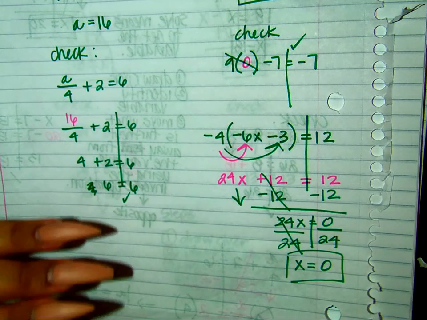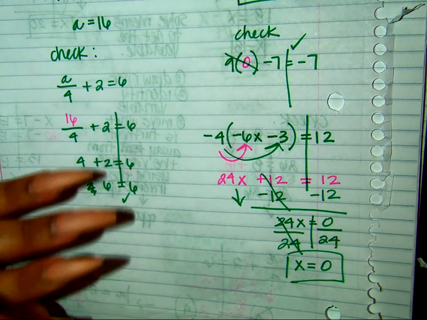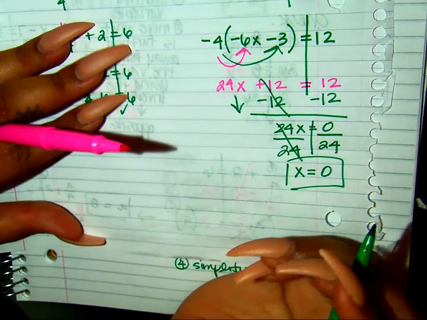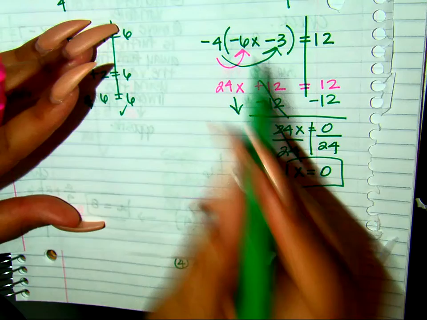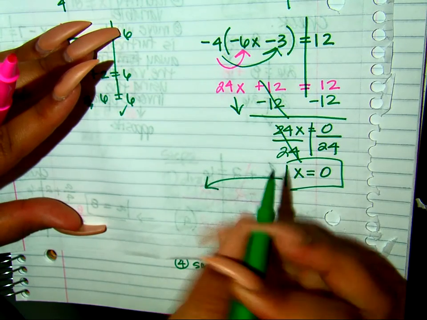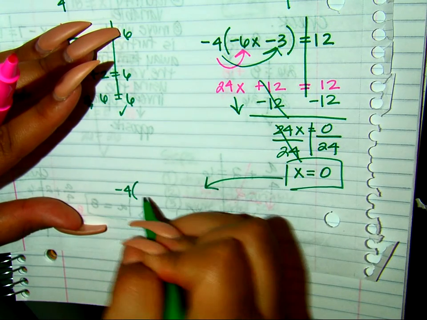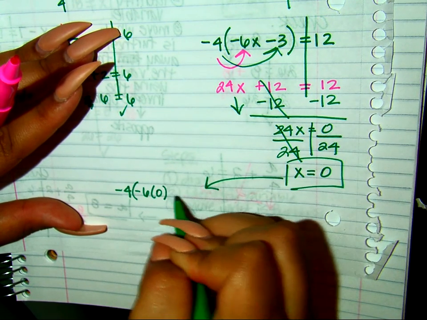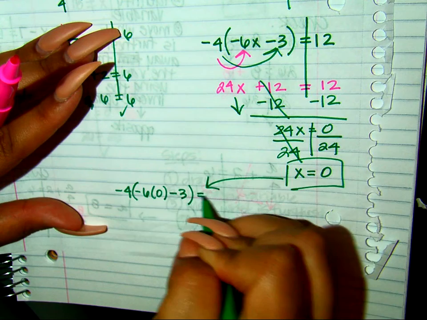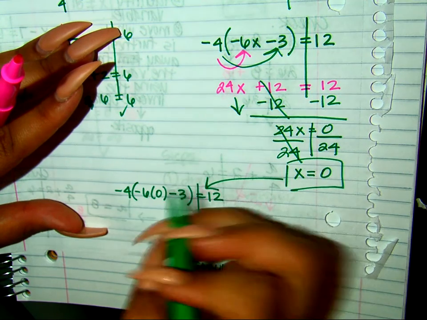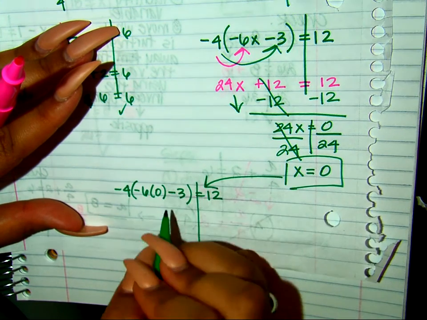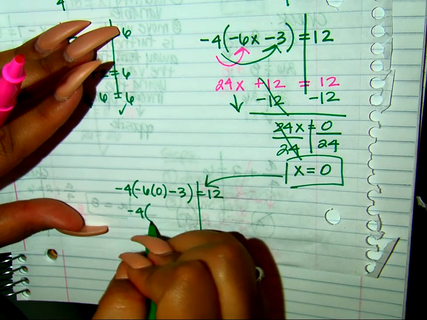So let's go ahead and check our work. I am going to substitute x equals 0 into this original equation. So I'm going to write it over here. So negative 4 times negative 6 times 0 minus 3 equals 12. Let's go ahead and handle what's inside of parentheses per order of operations.